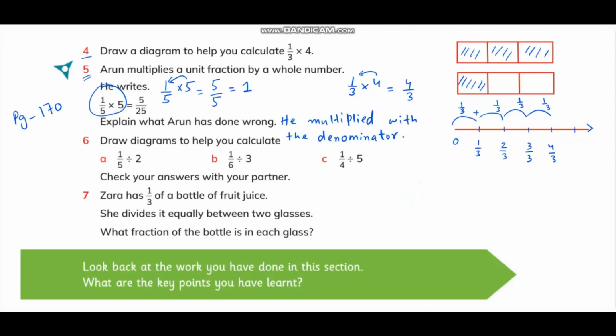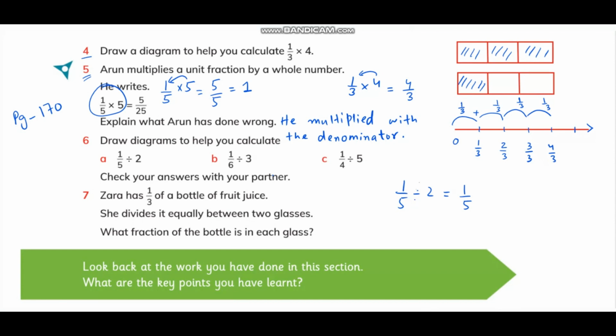Now look here. This is question number 6. Let's see how we'll solve this one. I'm going to write here 1 by 5 divided by 2. How will we solve this one? Listen, what you have to do is write 1 by 5 here like this, and this is the sign of divide.